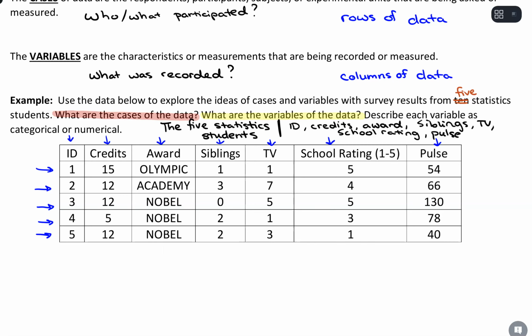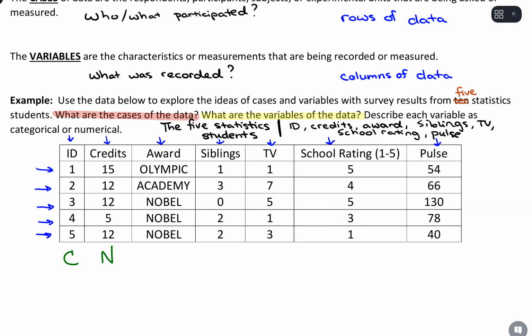So describe each variable as categorical or numerical. So if ID is included as a variable, it would be considered categorical because it isn't anything that's measured or counted, really. It's just an identifier. Number of credits, so that's something that's counted, so that is numerical.